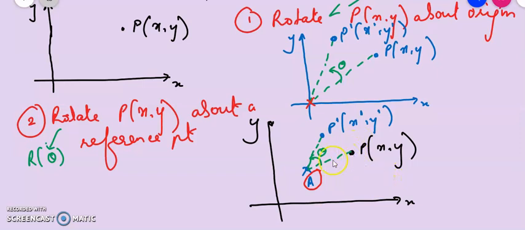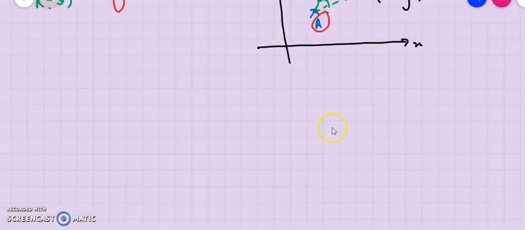This is the difference between the two types of rotations that we are discussing right now. The third type of rotation that we are going to do here, we call it fixed point rotation.